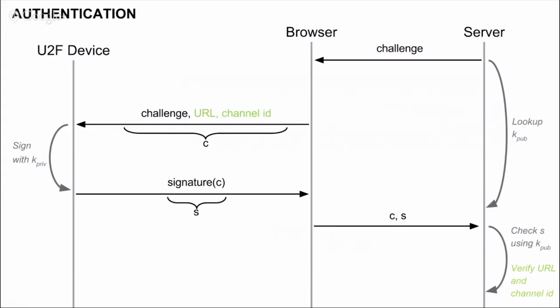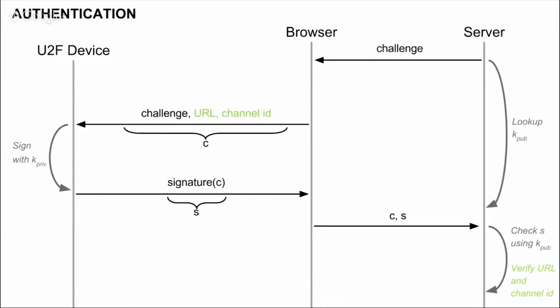The browser gets that signature back and can now send both the message containing the challenge, URL and channel ID, as well as the signature back to the server. And the new thing on the server here is that the server looks at the URL and the channel ID, makes sure everything matches with what's on the server's end, and by doing so, eliminates both of these attacks.